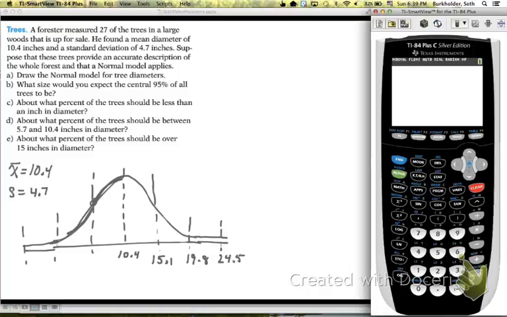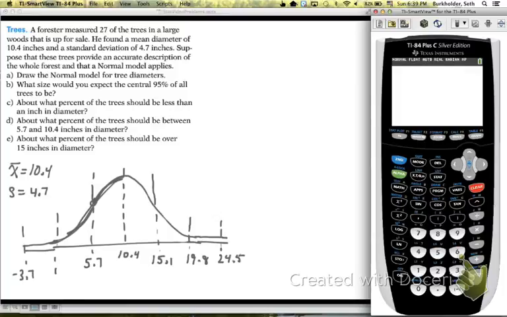If we did the same thing going downward, 10.4 minus 4.7 is, some of you are probably doing this in your head already, 5.7. If I subtract off 4.7 again, we've got 1. And if I subtract off 4.7 again, we actually get negative 3.7.